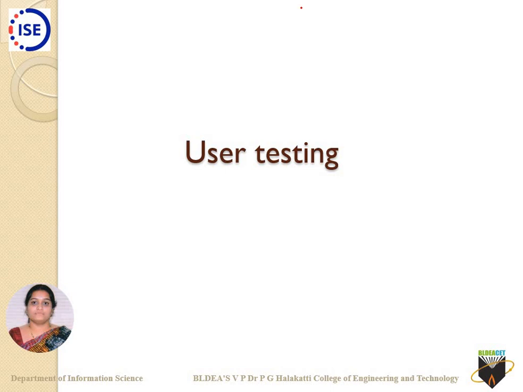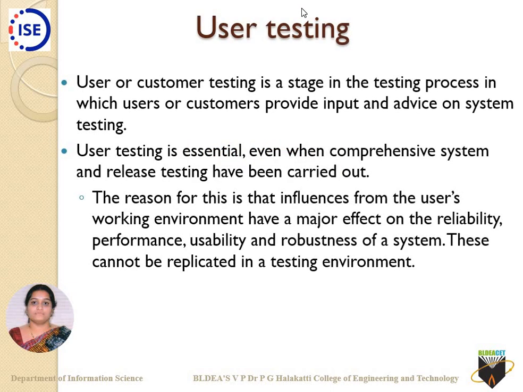Then comes user testing. Always keep in mind that the things which go under user testing are alpha testing and beta testing. Everything may work properly at the developer end, but when the same things are addressed in the customer environment, you might face some kind of errors, or it might not work the way it was designed.